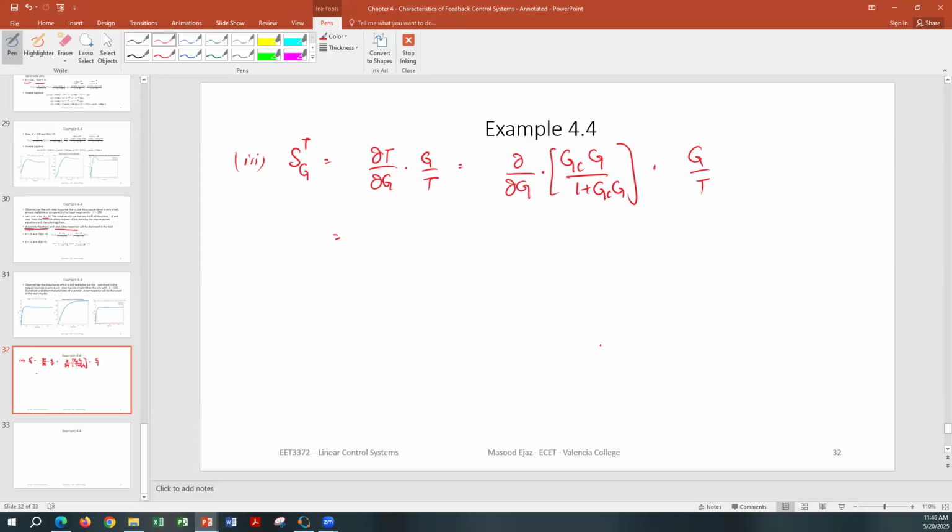And we already did that. Our final result, let's do it one more time. So it's going to be the numerator, G_C times the denominator 1 plus G_C G, minus the derivative of the denominator, which will still be G_C times the numerator G_C times G.